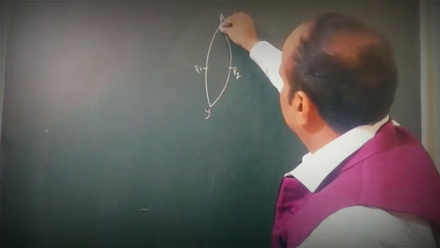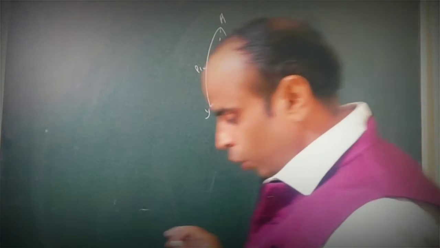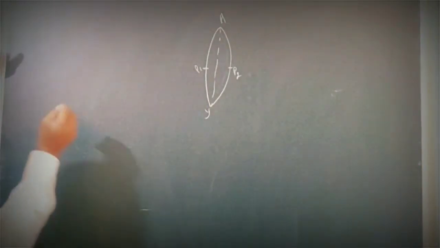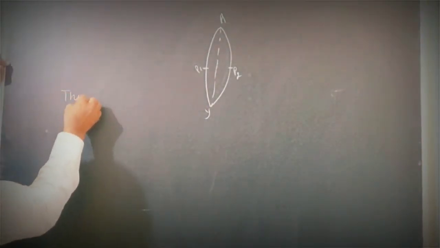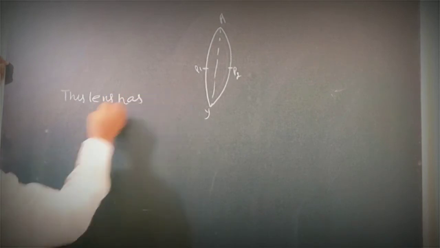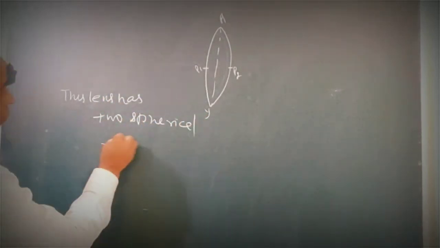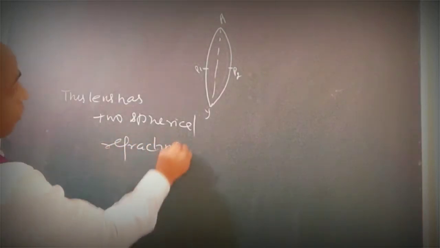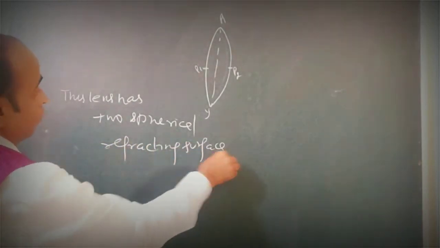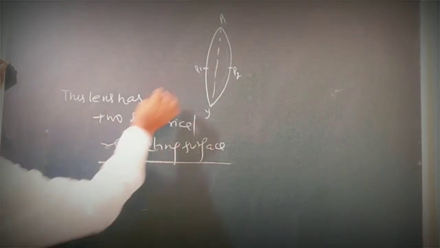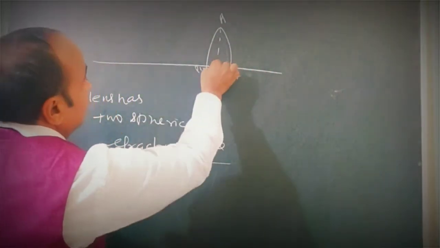Now dear students, this lens has two spherical refracting surfaces. So we will learn here how refraction takes place.